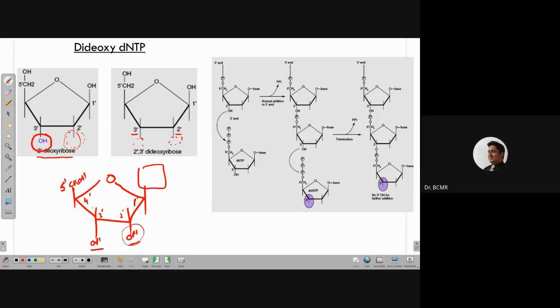In biological systems, all polymerization or addition of a nucleotide onto a growing chain happens through 3' OH. That's why without 3' OH, there is no polymerization. So in 2',3'-dideoxyribose, there is no OH. So that is used as one of the bases, so that chain termination happens.